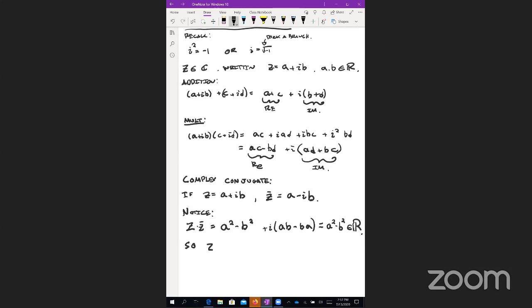So z inverse, or 1 over z, is z bar divided by z times z bar, right? This is by definition the thing that you can multiply z by to get 1. Okay, any questions?